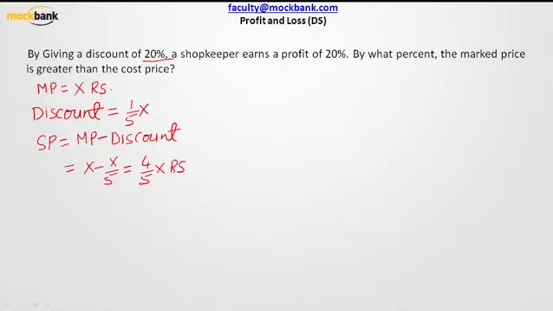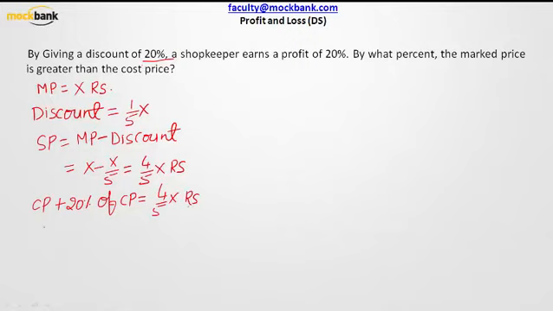Now it says that after selling the product at 4 over 5 x rupees, one makes a profit of 20%. So can I say that cost price plus 20% of cost price somehow becomes 4 over 5 x rupees?